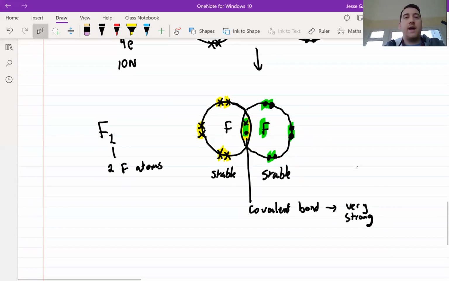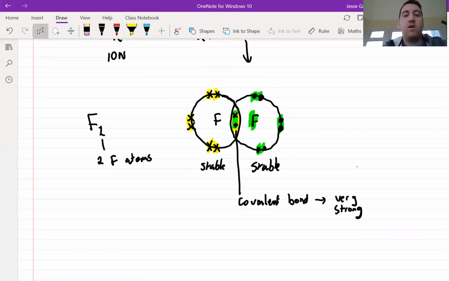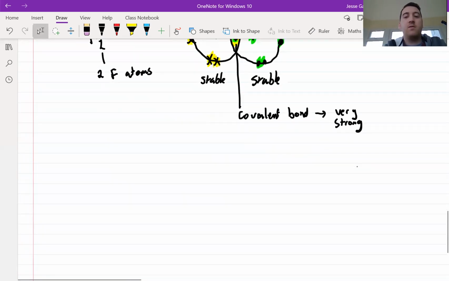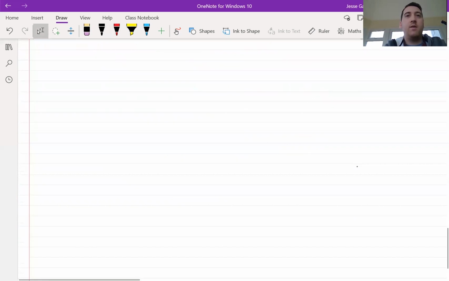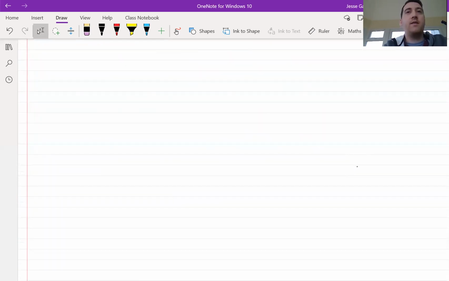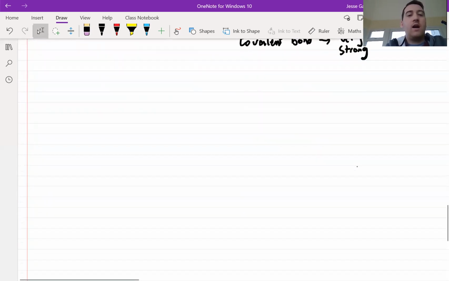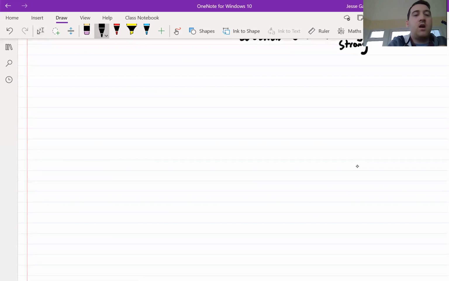All right, again, that one's pretty straightforward. It's just 2 fluorine atoms. We're going to make it a little bit more complicated. Let's take a look at the element or the compound hydrogen fluoride.